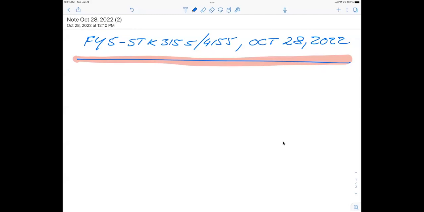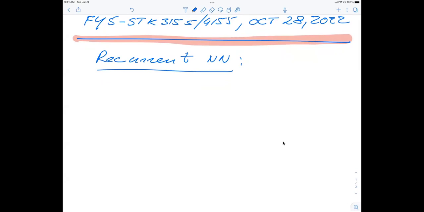What we're going to look at now is the mathematics of a recurrent neural network and how we can set it up. So let's just write this here, recurrent neural network.